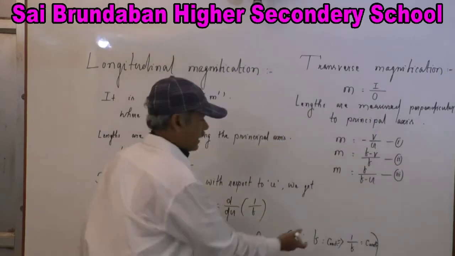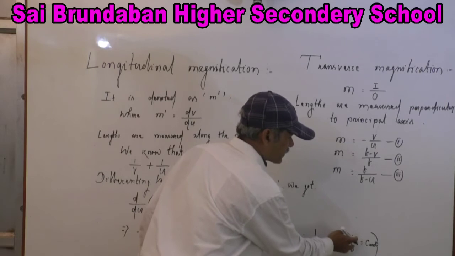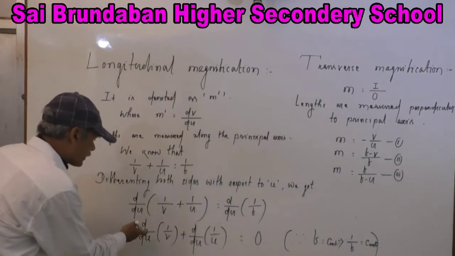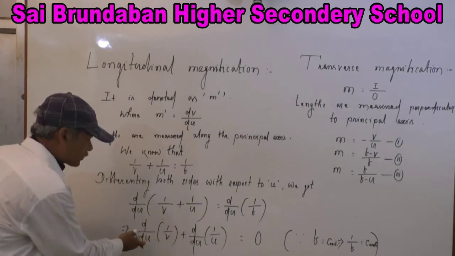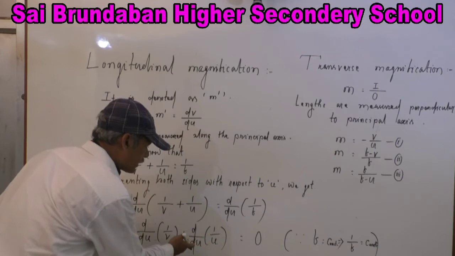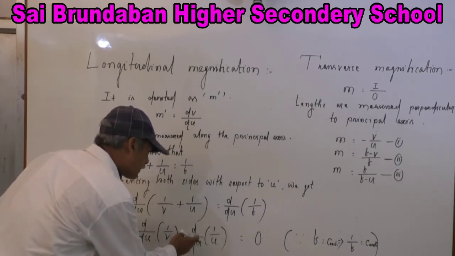F is constant implies 1 by f is constant. Now differentiate 1 by v with respect to u, and 1 by u with respect to u.